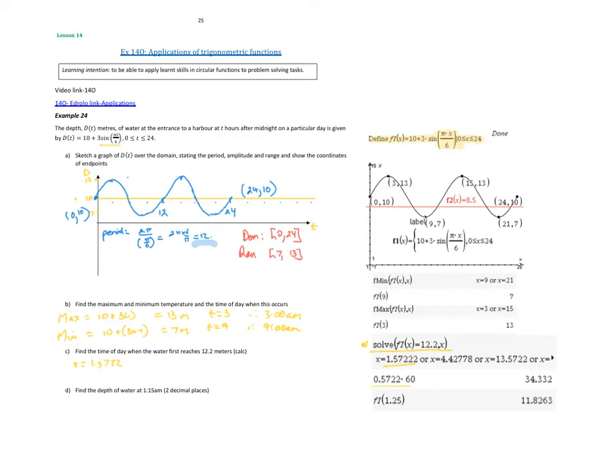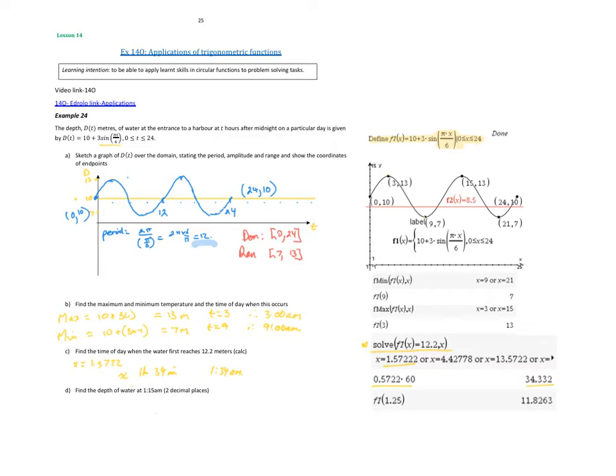So if I multiply that 0.5722 by 60, I end up with 34.3 minutes. So that's approximately 1 hour and 34 minutes. So the time will be 1:34 a.m.